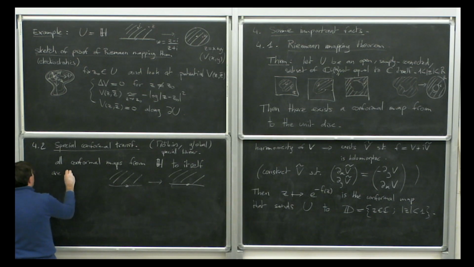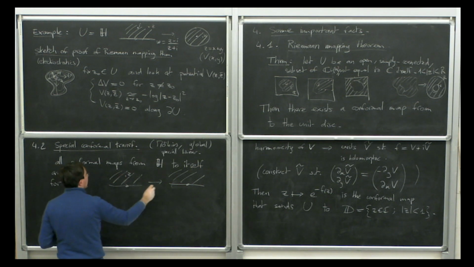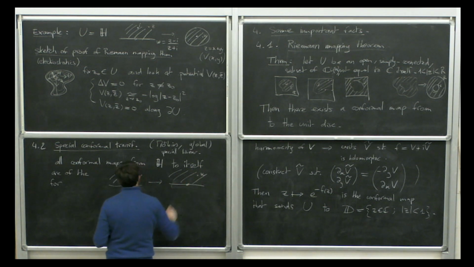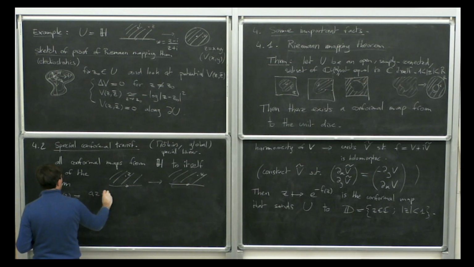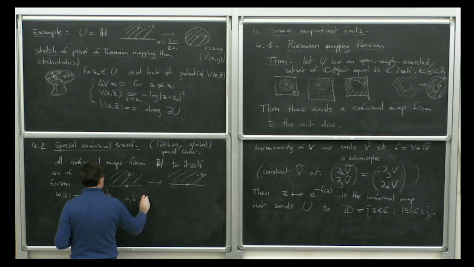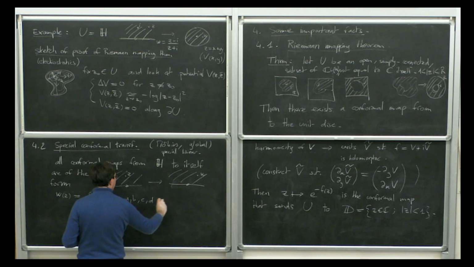are of the form, so this is a point Z, this is a point W, and all the maps are of the form W of Z equals A Z plus B over C Z plus D, where A, B, C, and D are real.